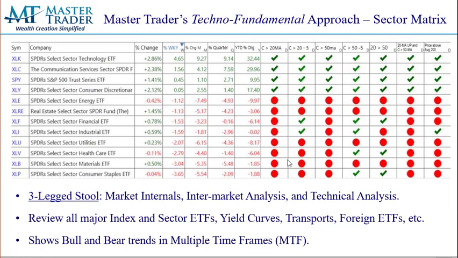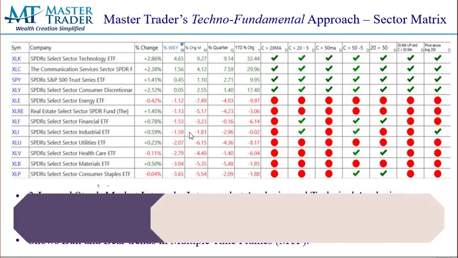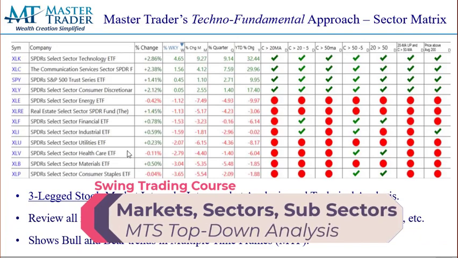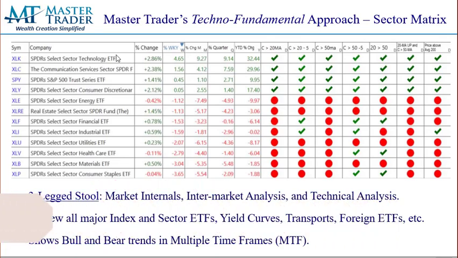This is a screenshot from my partner Greg Capra. He does a very detailed market review and this intermarket analysis in our weekend letters for the advisory swing and options traders. This just shows you, sorted from the highest to the lowest here, you can notice last week that technology has been on fire.